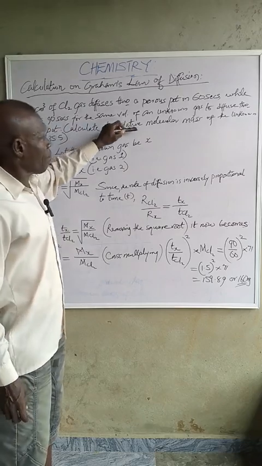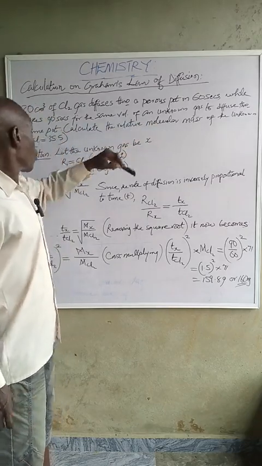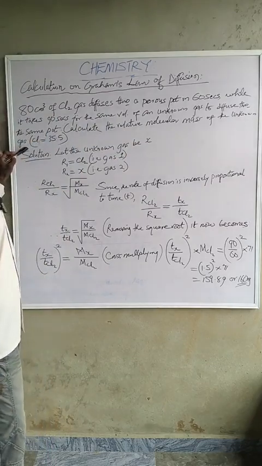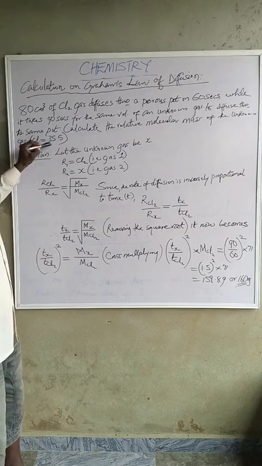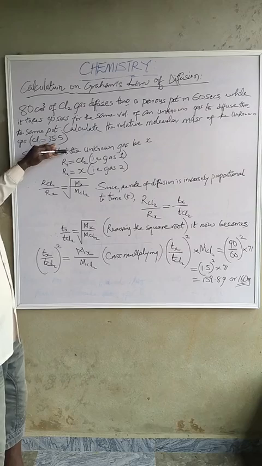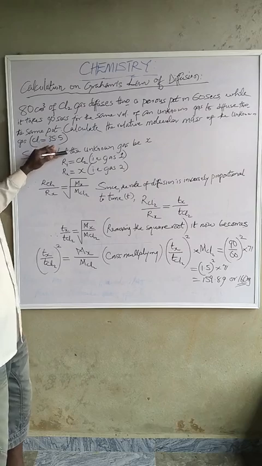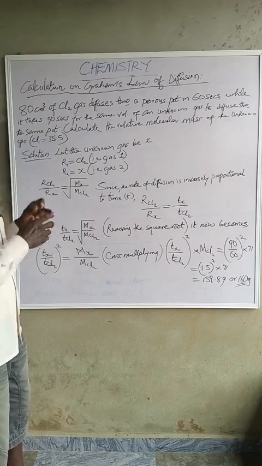Calculate the relative molecular mass of the unknown gas. Now, the examiner gives the molecular mass of one atom of chlorine as 35.5, which is given already here. Even without giving it, you ought to know it as a chemist, as I said some time ago.